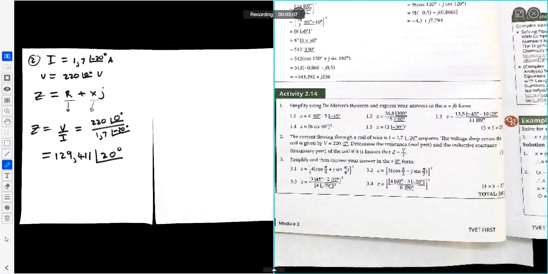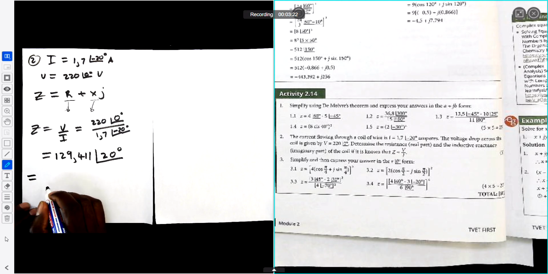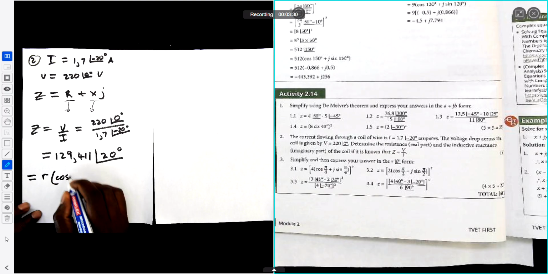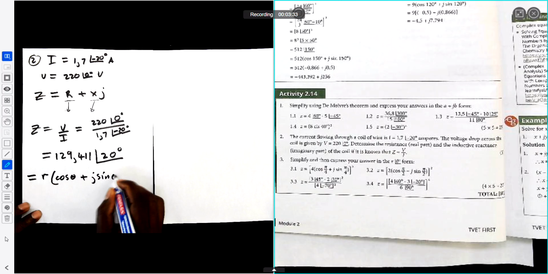So we need to express the impedance in the way that it is asked. Therefore, changing into rectangular form to get the R and the X. We know that it must be r times cos theta plus j sin theta.